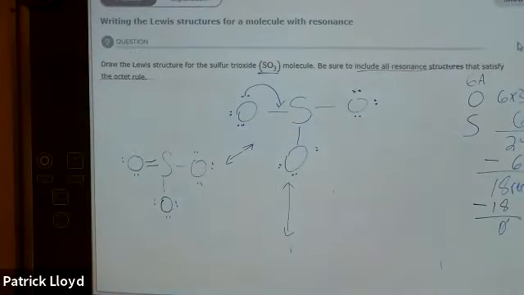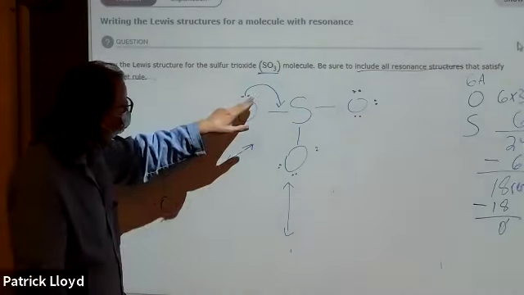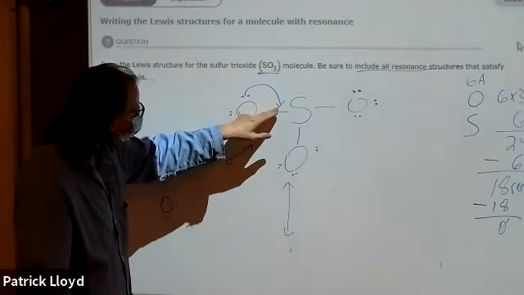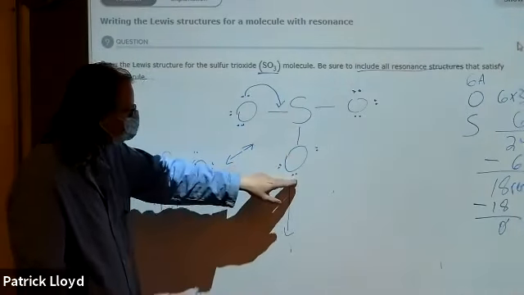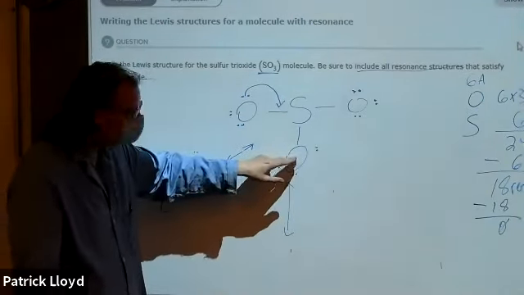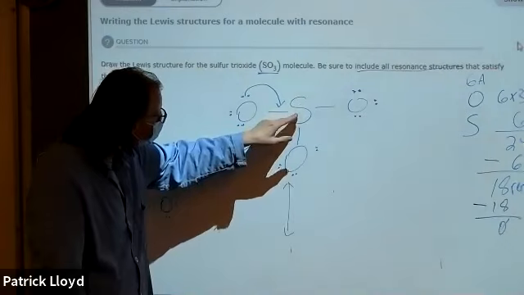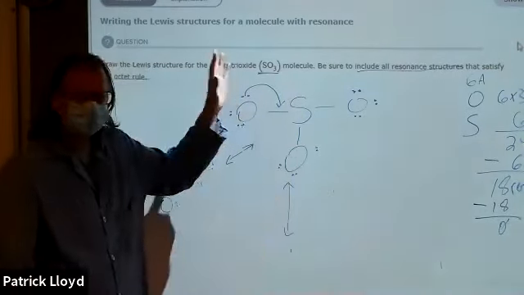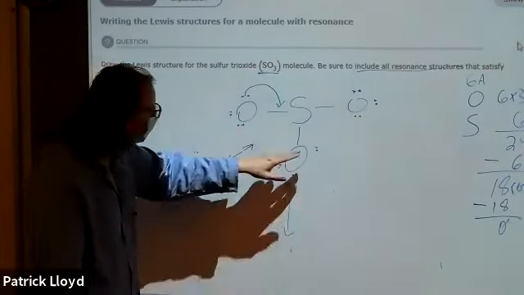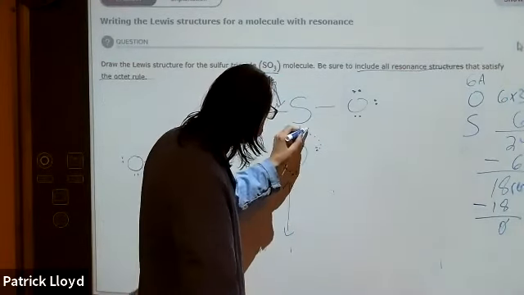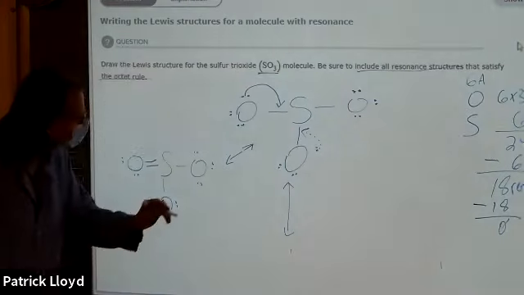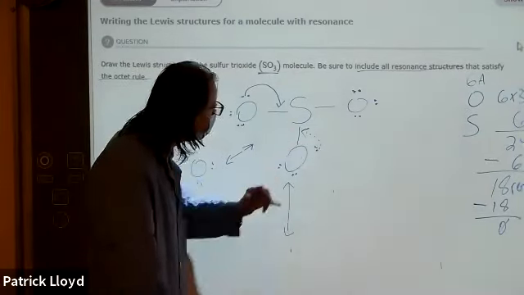Is that possible? Suppose instead of doing this pair here, I would pick this pair over here, or this one here, but this oxygen. Would that work? Would it mean that sulfur has an octet and all the other atoms have an octet as well? So let's see. If I take this pair, do that, okay, I'll do it in a dash. Now what would happen?